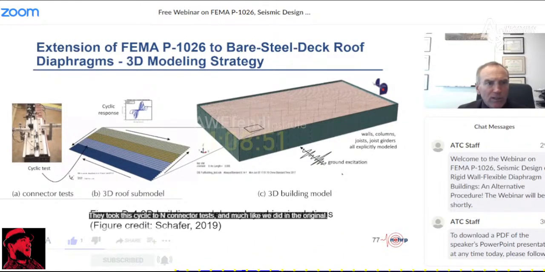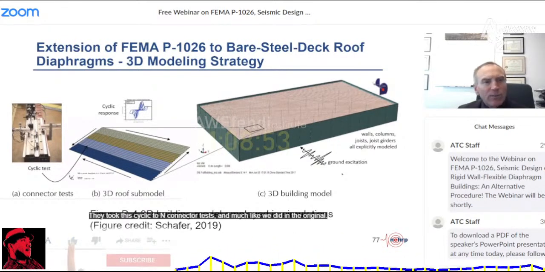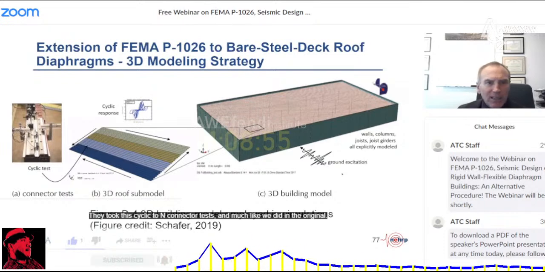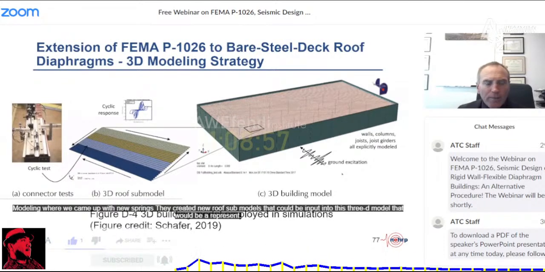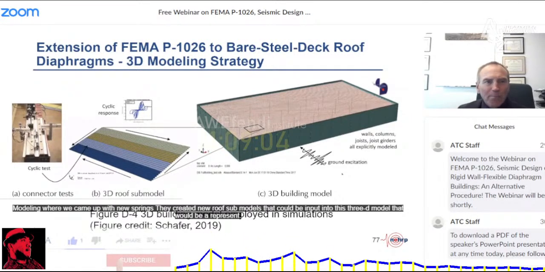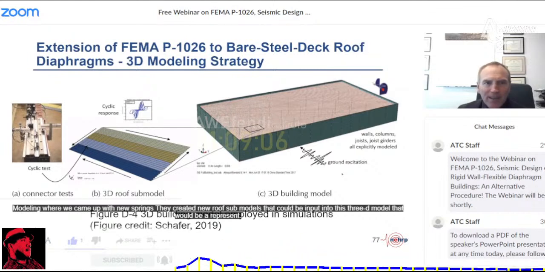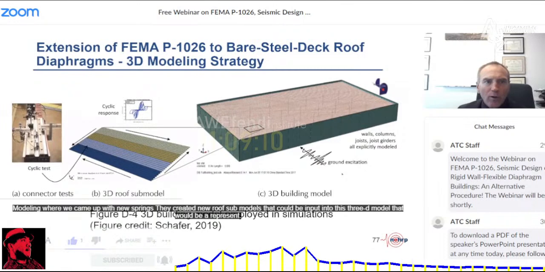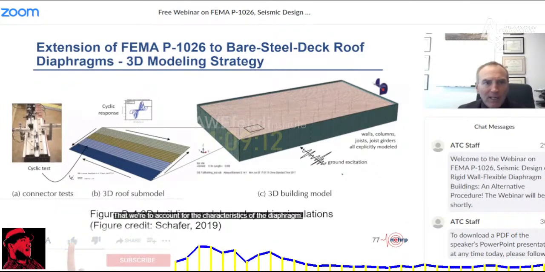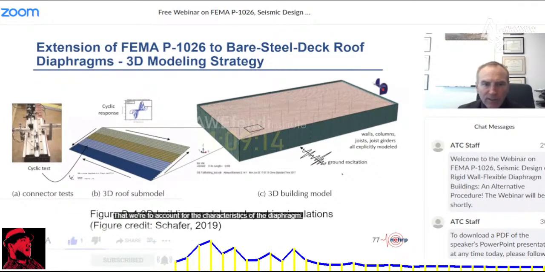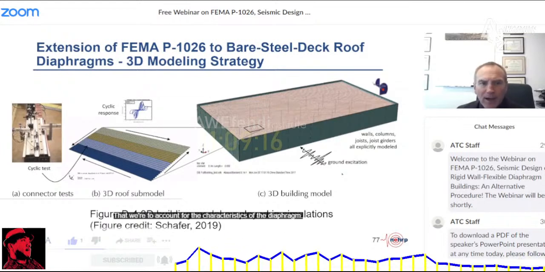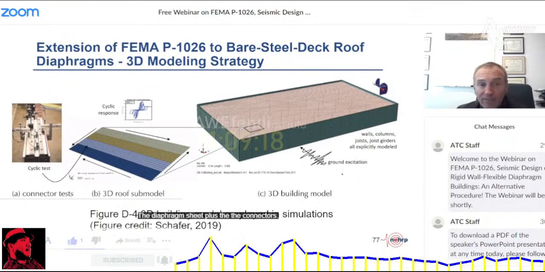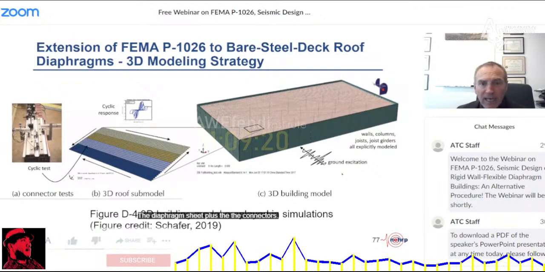They took the cyclic connector tests, and much like we did in the original modeling where we came up with new springs, they created new roof submodels that could be input into this 3D model that would account for the characteristics of the diaphragm sheet plus the connectors.